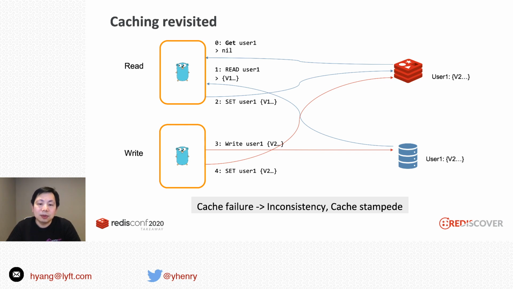And also, a shorter TTL means more expirations and more opportunities for cache stampede. Often, a longer TTL is desirable, because when the database is down and we cannot serve any write traffic, we can serve the read traffic out of cache until the database recovers.